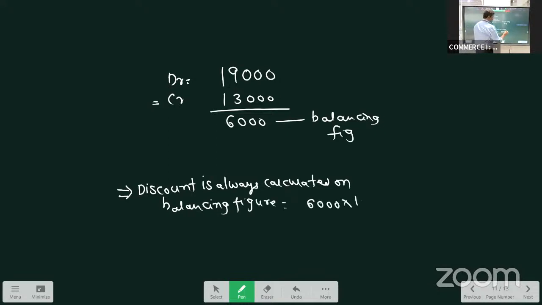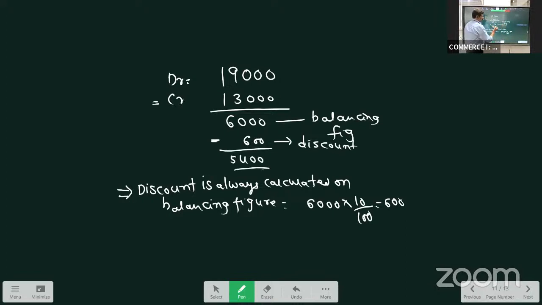What is the rate of discount? 10%. 6,000, 10% would be 600. So from this, we have to deduct discount also. So I'm deducting it. So what is the net amount, final amount due?